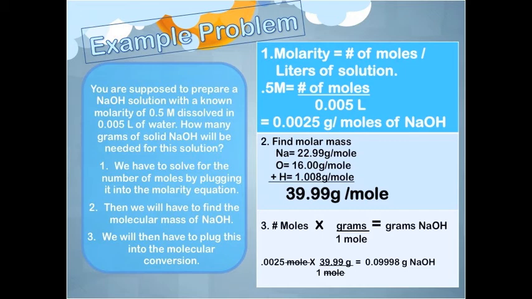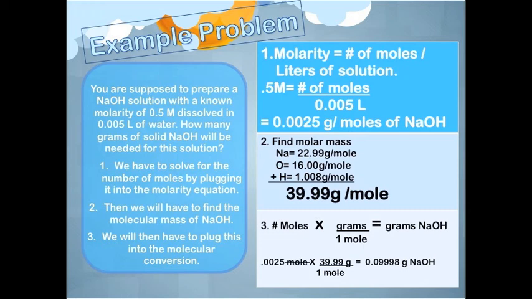We now need to find the number of grams this is equal to. We do this by finding the molecular mass of NaOH. If you look at a periodic table, you'll find that sodium, or Na, has a mass of 22.99 grams. Oxygen, or O, has a mass of 16, and hydrogen, H, has a mass of 1.008 grams.